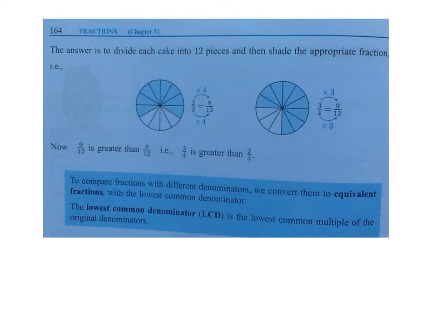The answer is to divide each cake into 12 pieces, and then you can decide exactly which is bigger. So 2/3 over the denominator 12, an equivalent fraction for 2/3 is 8/12, and you can see the strategy of how to do it, and we've done that in class.